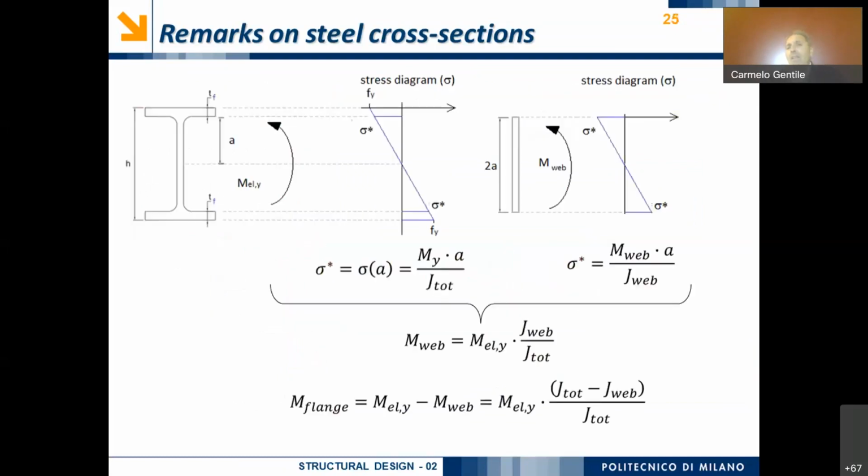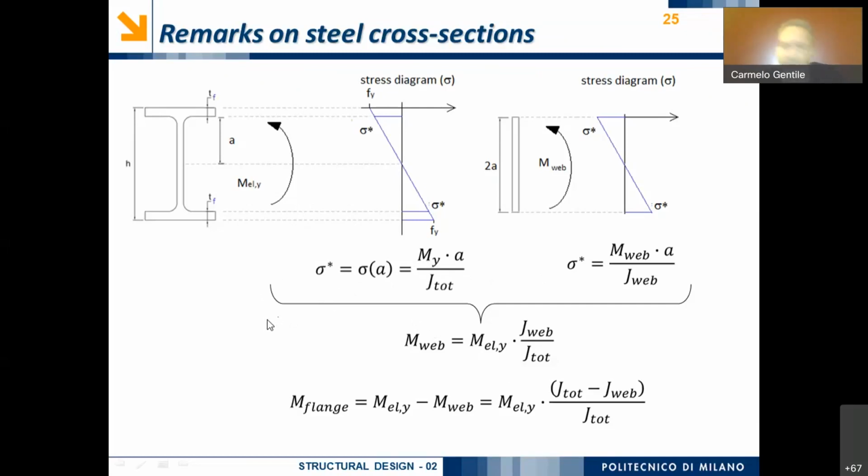You remember that in the past lecture, we have also commented about the possibility of dividing a bending moment. One general bending moment, for example, in the elastic range, we can refer to the yielding bending moment in the part which is carried by the flange and in the part which is carried by the web.